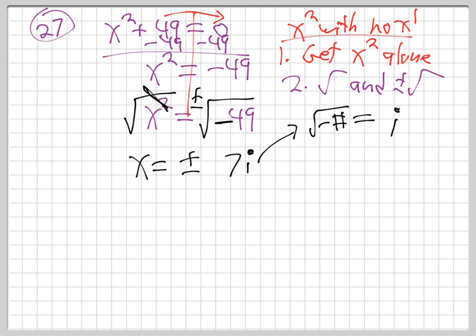Now, I know that might seem like we're making stuff up, but it has an important purpose, and we don't have time to talk about the real life. You type into Google, there's a million real life applications of imaginary numbers. Engineers use them all the time, but we don't have time right now. So those are the two answers. When you have a negative in a root, it pops out an i. Does that make sense?